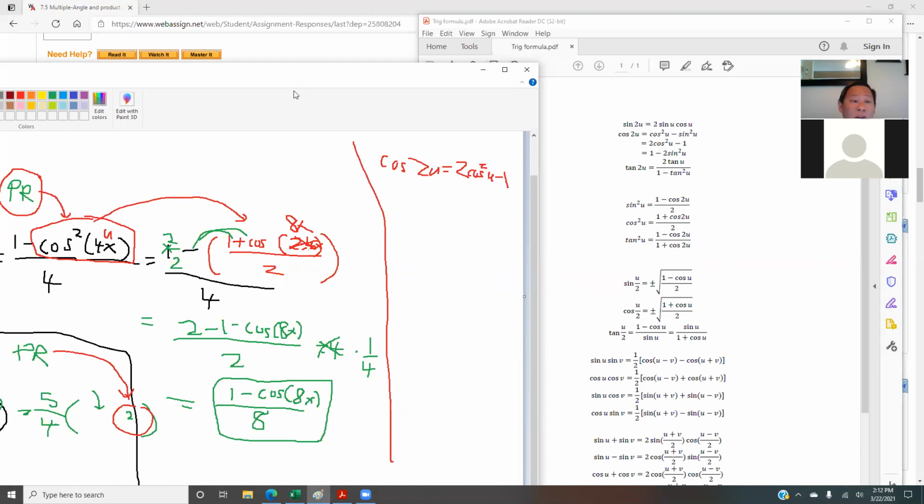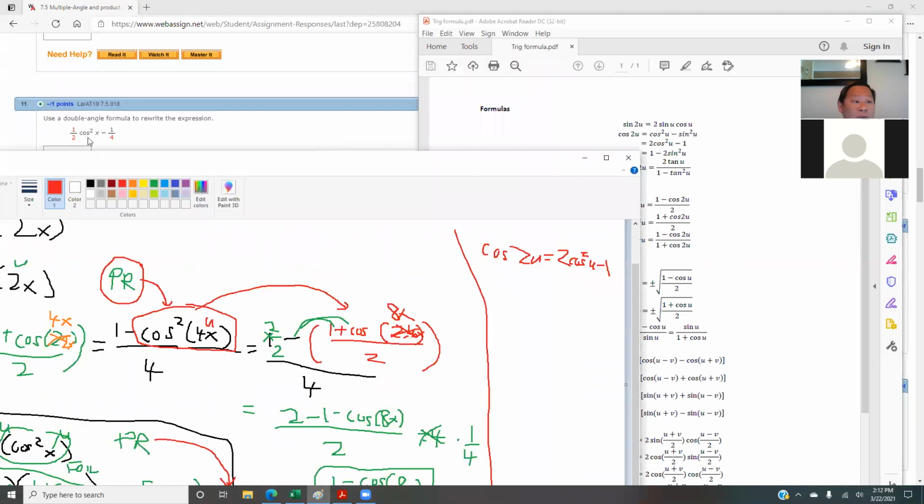I use the middle one because this question is asking for this. What we are doing here is we want to change this 2 and this 1 to become 1/2 and 1/4. So you have to multiply this by a number. What number, when you multiply with 2, you get 1/2? And what number do you multiply the 1 by to get 1/4?